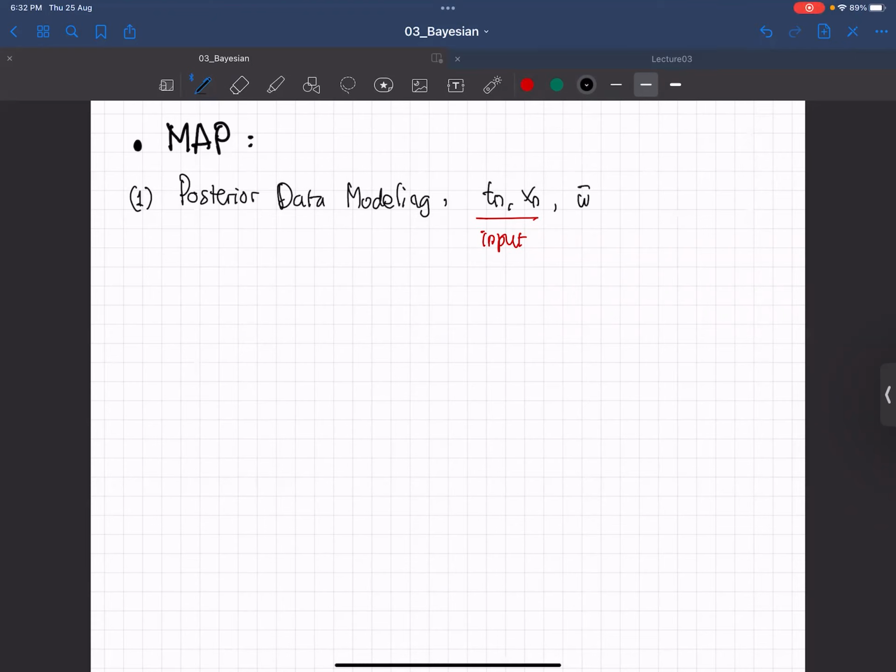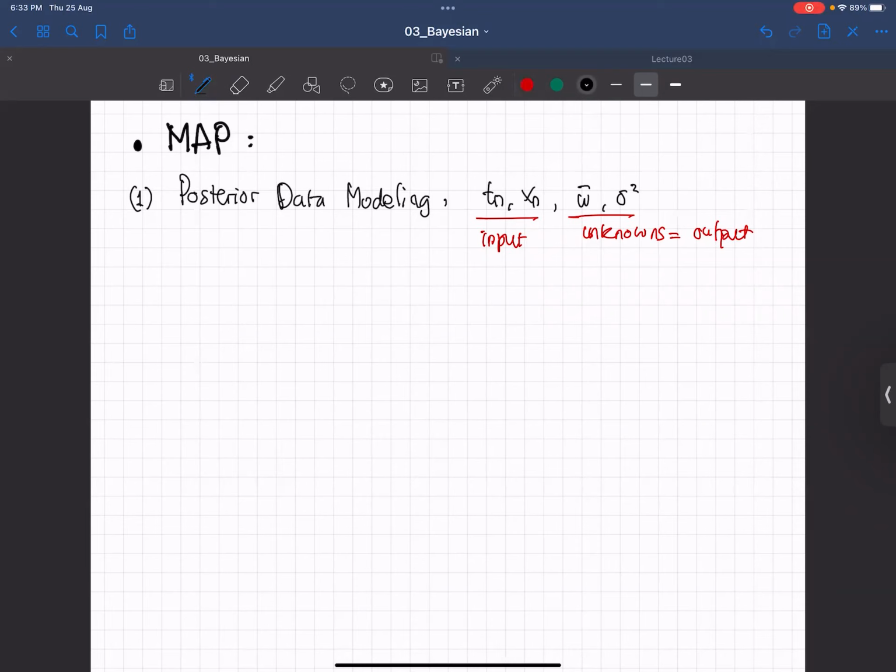W bar. That's right. And we know that in the modeling of Xn and W bar, which is Yn, Tn is a Gaussian. The error can be sampled from the Gaussian function. So that's why we have sigma square. And these two are unknown. That's something that we want to know actually. So the unknown here is the output. Okay, so we have input, we have output in these variables.